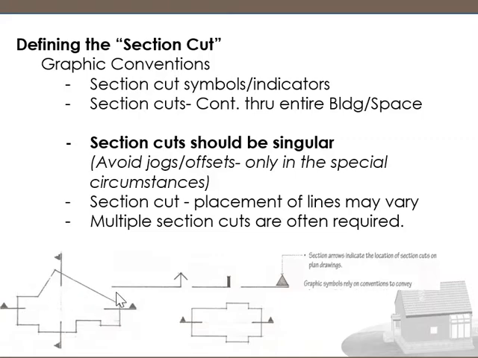We use different kinds of symbols. You may put a line with an arrow, a line with a thick tick mark, or a line with a little triangle. Often you may even see something like an elevation mark, but with a line across it. Right here, we're looking at the section mark that goes right across the home, and we are going to see this back wall.